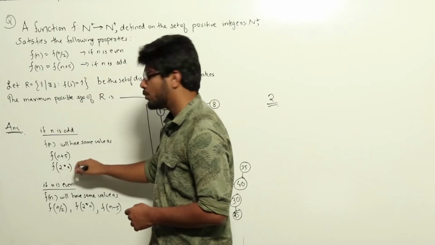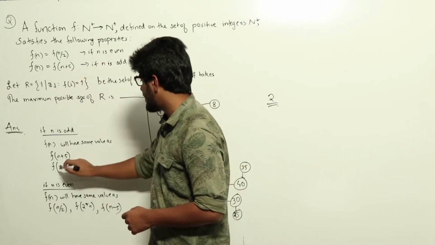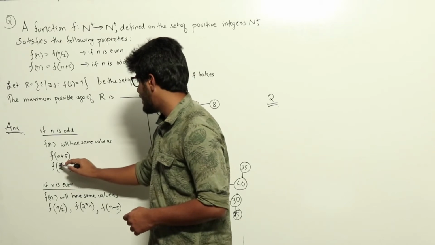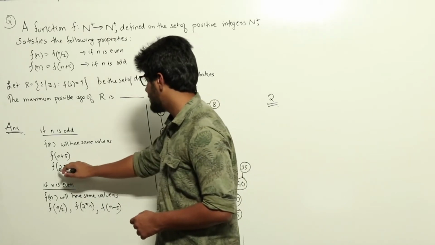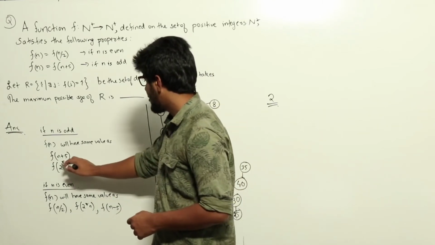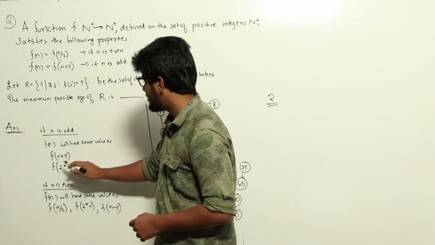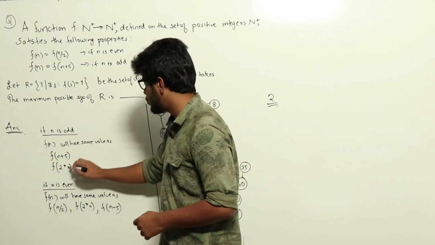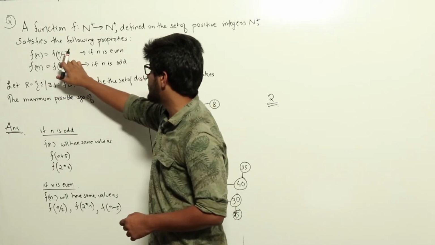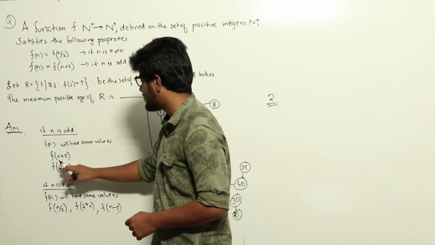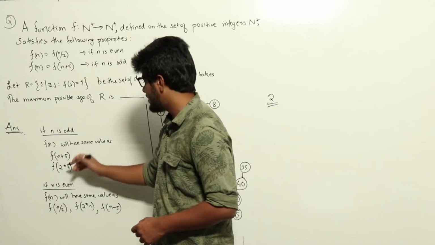Also f(2n). Why I have written this is, consider the value of f(2n). Now you know 2n is even, obviously, because 2 is a factor. So f(2n) will have the same value as f(2n/2), that is given in the question if n is even, it will have the same value as f(n/2). So f(2n) will have the same value as f(2n/2), that is nothing but n.